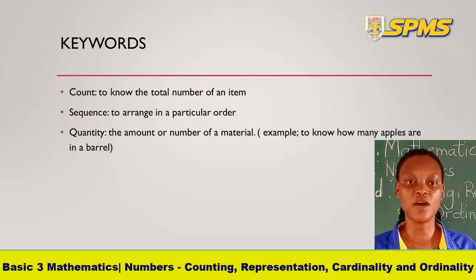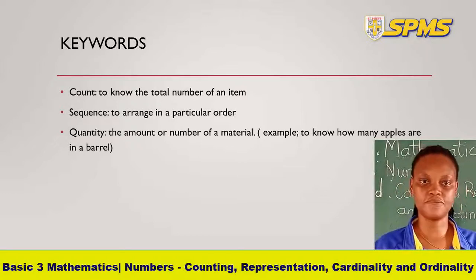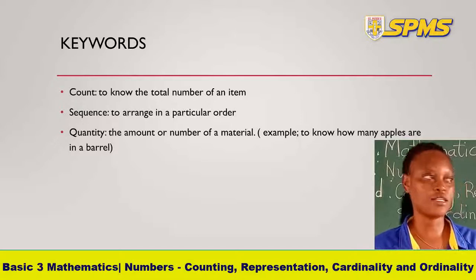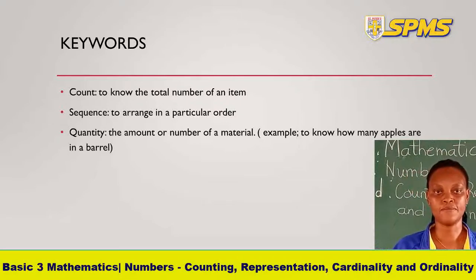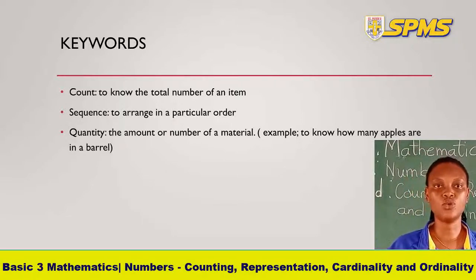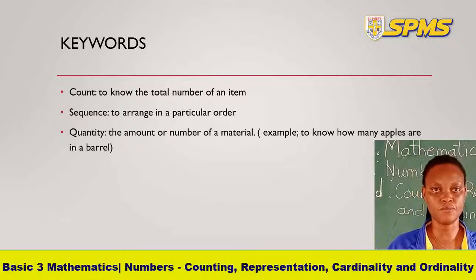Our second keyword is sequence. Sequence: to arrange in a particular order. So when you want to arrange something in a particular order, you look at what comes first and then what needs to follow.